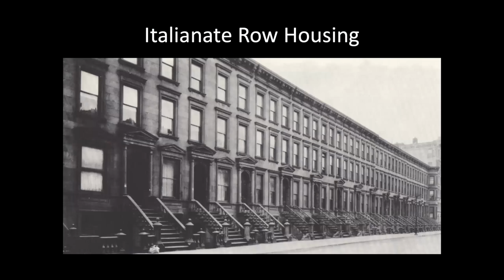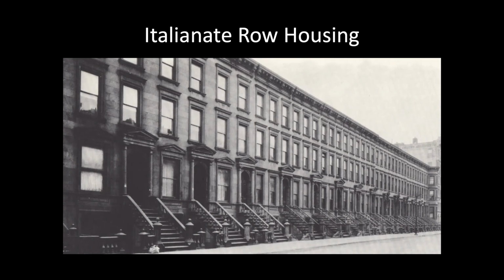So in terms of row housing, when we go from public buildings like the stores I just showed you to row housing, a similar thing happens where the palette of materials and forms has to be kind of reduced to fit this template of the 25 by 100 foot building model.